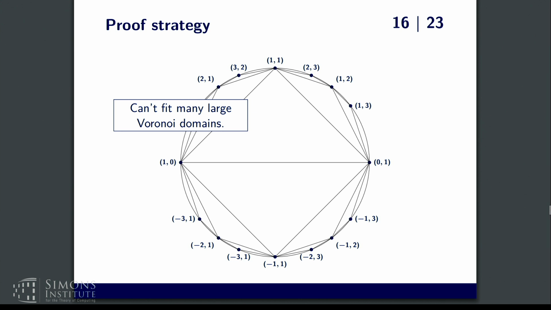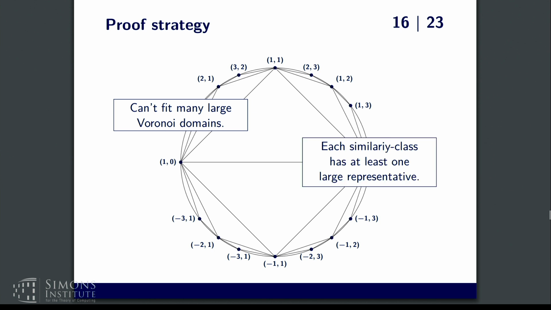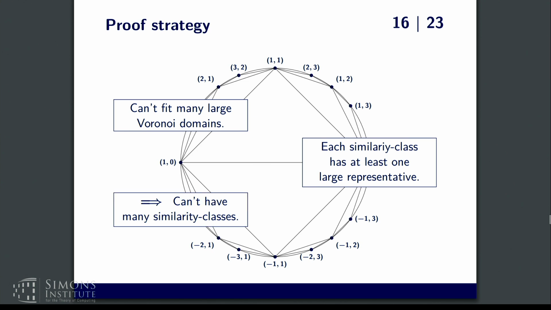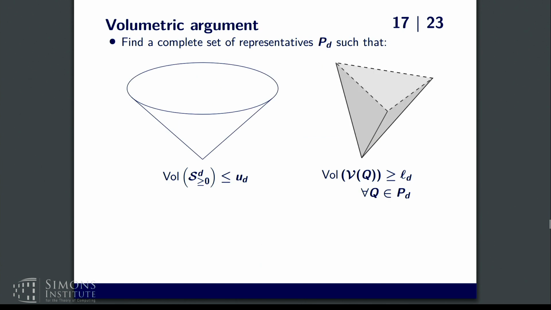But in dimension 2, we also saw that actually all of these Voronoi domains correspond to the same lattice packing up to a basis transformation. So what if in every similarity class, we can find at least one representative that has a somewhat large Voronoi domain? If we do that, then we can't have that many similarity classes. That's the intuition.